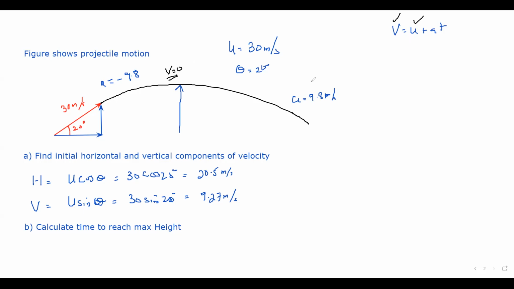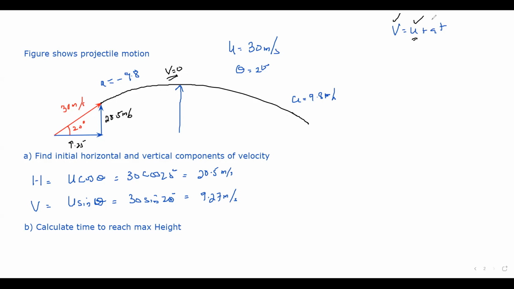We have u as well, but what is this u? This u is not the initial velocity. This u is the vertical component of the velocity. Because we are solving the vertical motion, vertical motion and horizontal motion must be separated from each other. So u is the total velocity, but the vertical component of the velocity is responsible for its vertical motion.